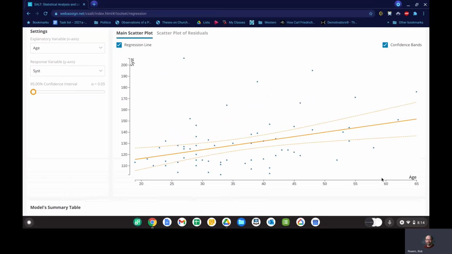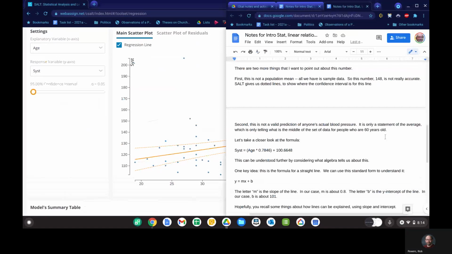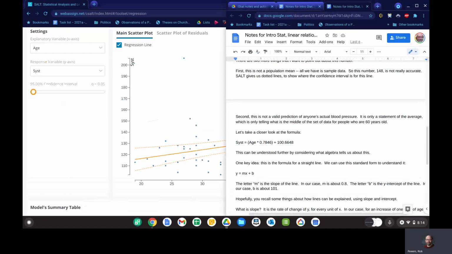If somebody's 60 years old, then the population mean would be between these two dotted lines. Second, this is not a valid prediction of anyone's blood pressure. It's only a statement of the average. It's only telling what is the middle of the set of data for people who are 60 years old.